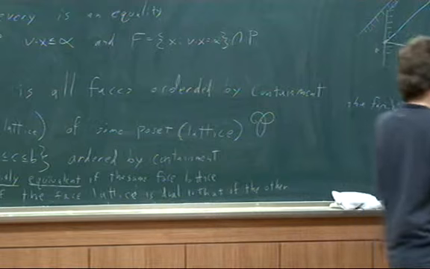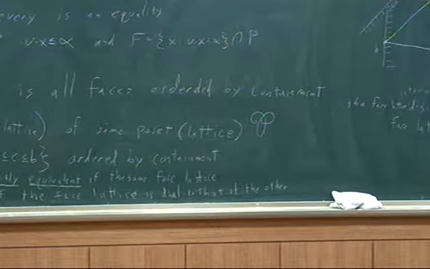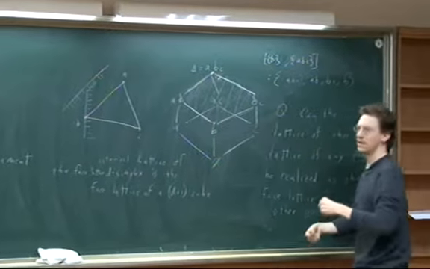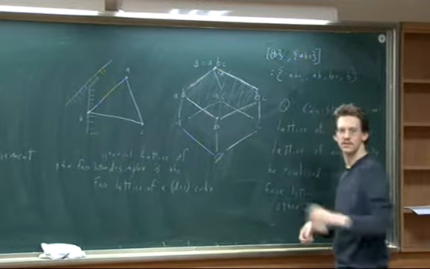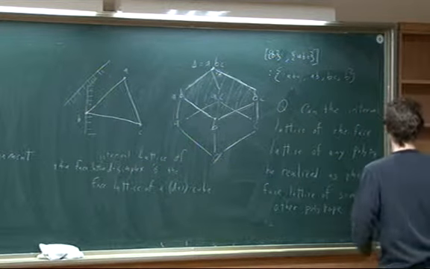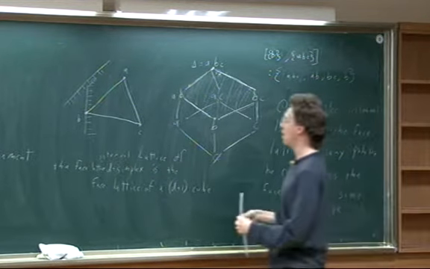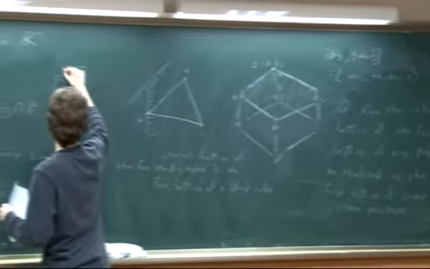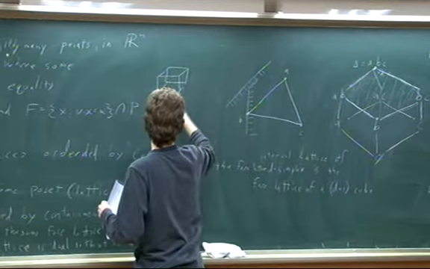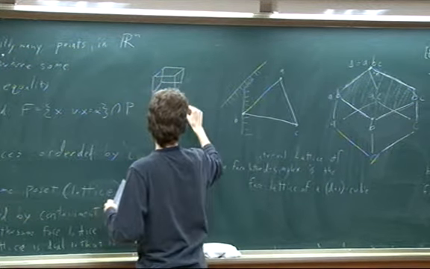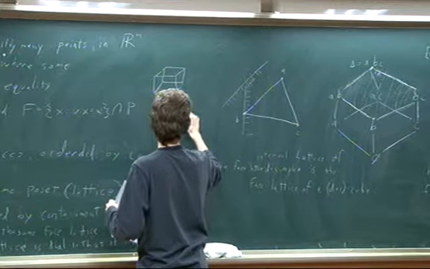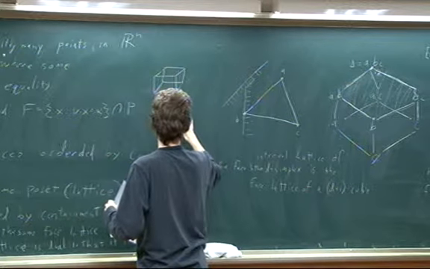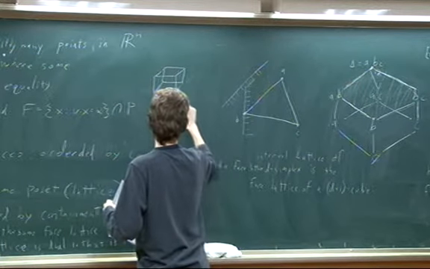So if you start with some poset and you flip it upside down, right? Some other polytope that has that as its poset is the dual. So for example, if you look at a cube, the dual of a cube, maybe this is something you are familiar with from geometry a long time ago, would be the octahedron, which would look something like this.